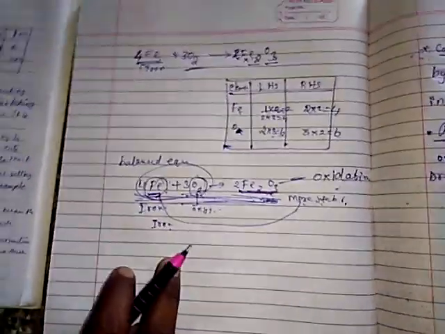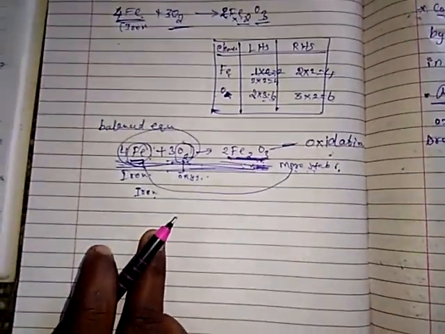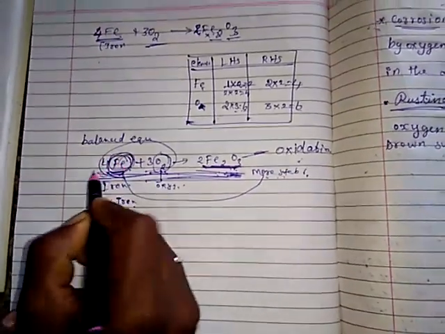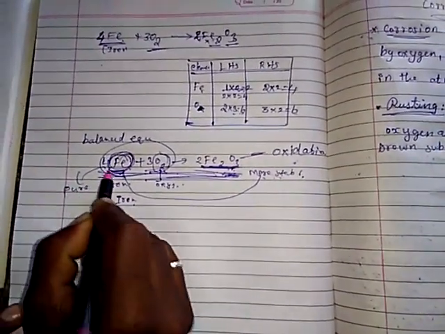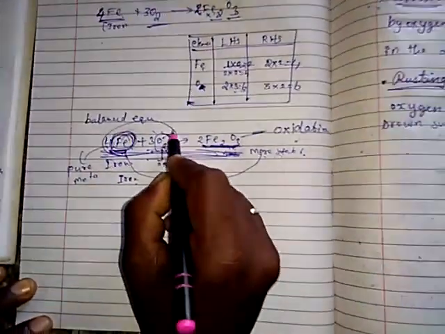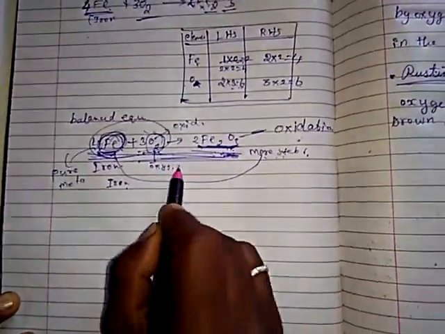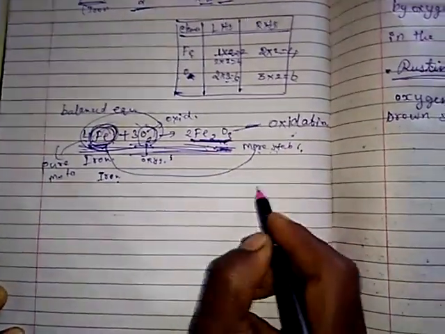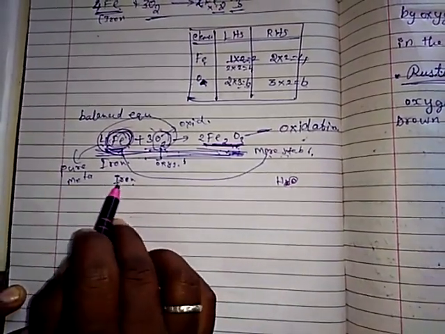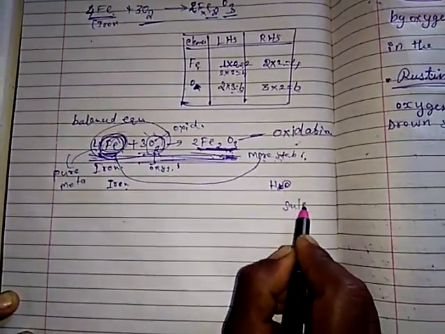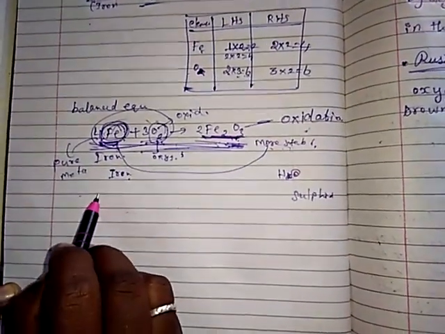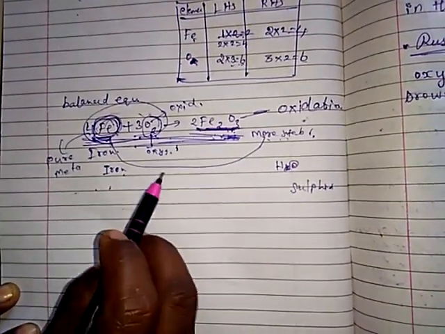Corrosion is a natural process where the pure metal, iron, is converted into oxide, sometimes hydroxide and sulfide, that means another stable form.